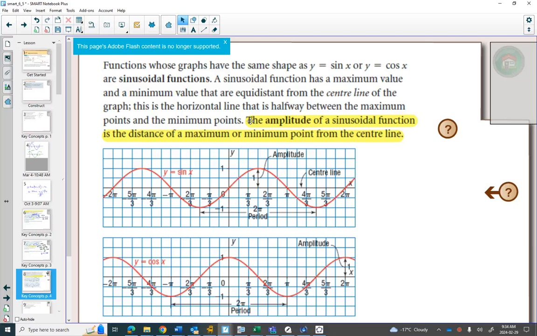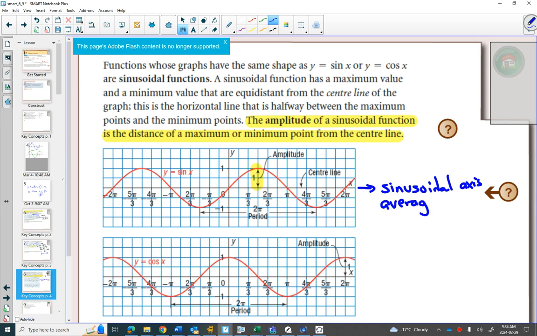So we talk about the distance from the center line to the max line as the amplitude. And the middle line actually has a bunch of different names. Sometimes it's called the sinusoidal axis. Sometimes it's just called the average. Put a comma there.